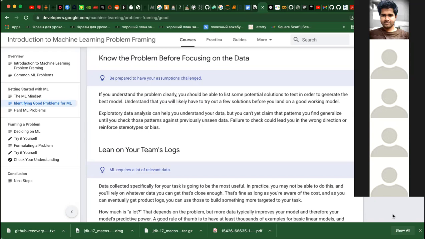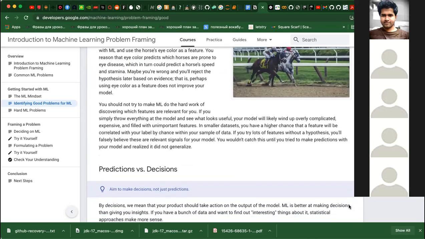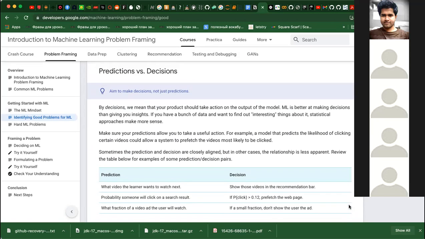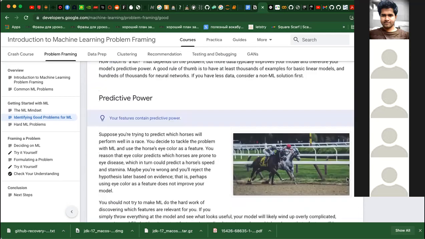Once we know the problem, we need to gather as much data as possible, but we also don't need to give too much responsibility to a model, because a model can predict, but we also need to clarify the instructions for the model. And it's not only predictions, but also decisions. We need to think about a good structure, so that we go from predictions to later decisions. Yeah, great. Thank you.